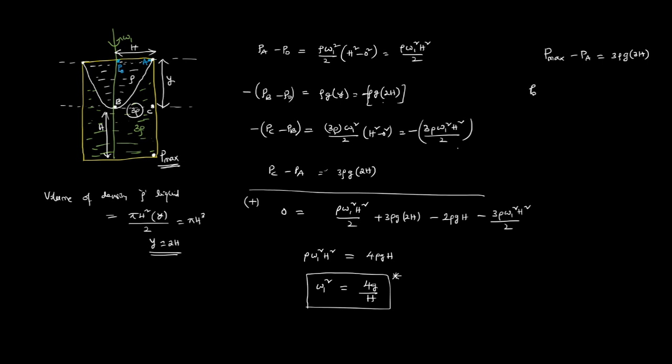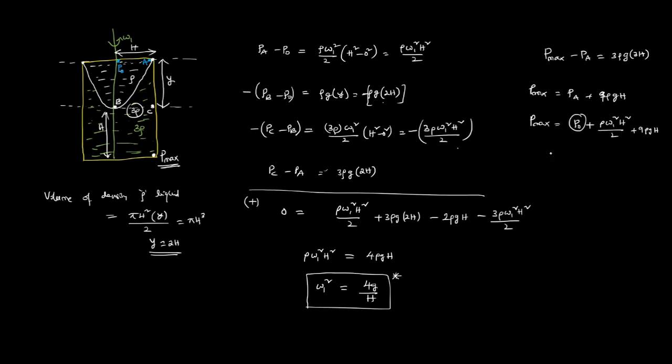So what is the maximum pressure? I can write it as PA plus 3 rho, so 9 rho gH. Now what is the PA value? P max is equal to P naught plus rho omega 1 square H square by 2 plus 9 rho gH.